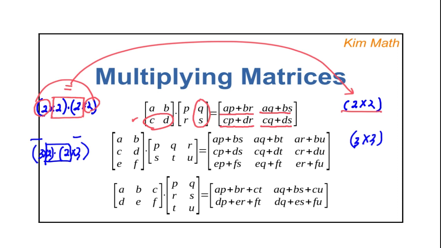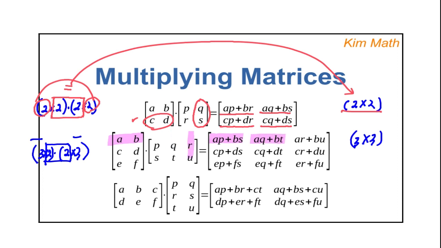Good. Okay, to multiply these two matrices, again, from the first matrix, choose the first row. From the second matrix, choose the first column and multiply each corresponding element, then add them. So, can you see that? AP plus BS here. Good. Now, if we choose this one, AQ plus BT here.